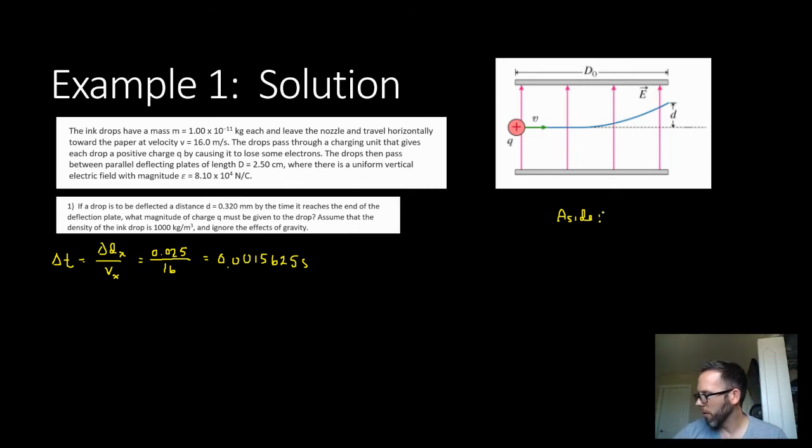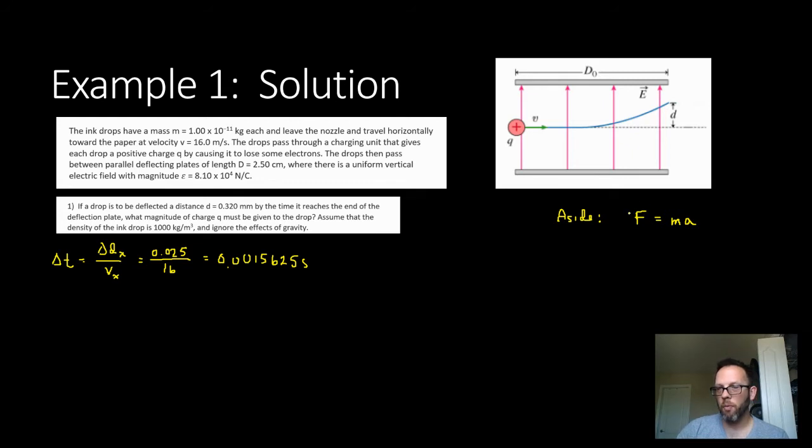All right, so we want to find the vertical acceleration so that we can use the fact we know the deflection to work backwards and find out what the charge on the drop is.